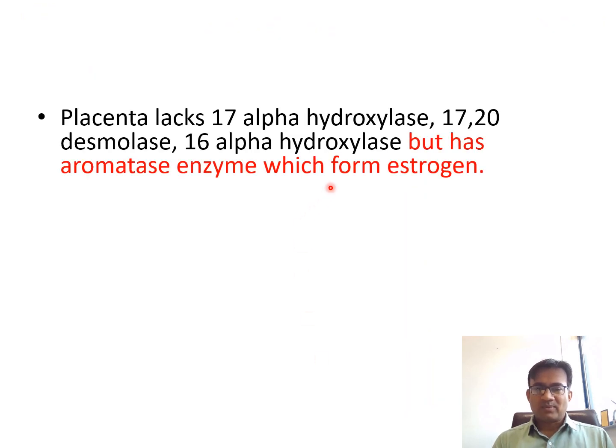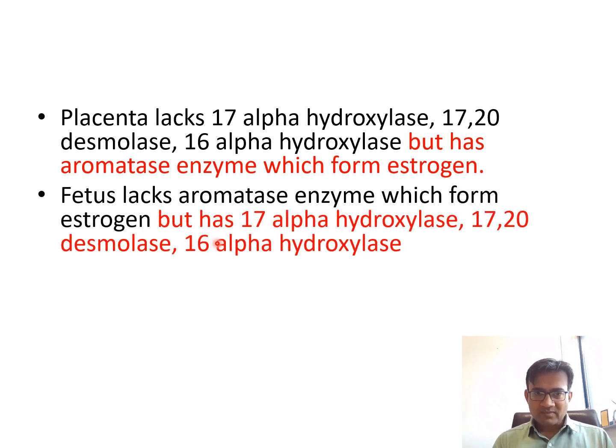Now we will just summarize what we have discussed. The placenta lacks the enzymes 17 alpha hydroxylase, 17,20 desmolase and 16 alpha hydroxylase, but it has the aromatase enzyme which forms estrogen derivatives, and the estrogen derivatives formed are estriol and estradiol. The fetus lacks the aromatase enzyme which forms estrogen, but it has 17 alpha hydroxylase, 17,20 desmolase and 16 alpha hydroxylase, and these enzymes form DHEAS and hydroxy DHEAS from progesterone.